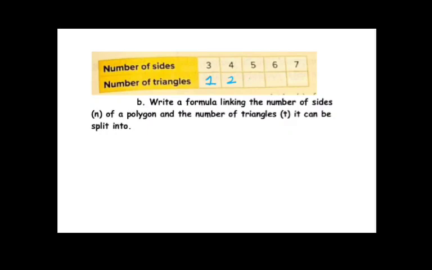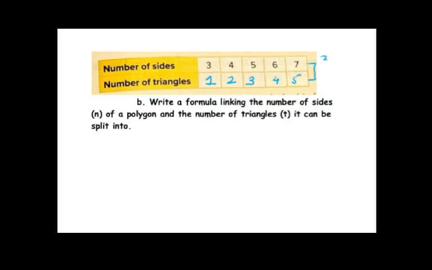Children, identify the pattern. 6 sides, it will form 4 triangles. 7 sides, it will form 5. So write a formula linking the number of sides. Children, if you see the difference between the number of sides and the triangle, it is always 2.